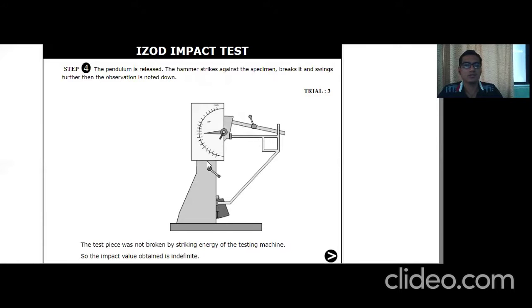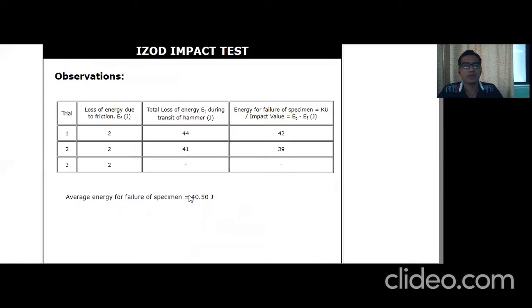Here in this third trial, we are not getting any value for the impact energy, loss of energy or total energy of failure, as the sample does not break. The loss of energy due to friction is 2. We are not getting the loss of energy due to the transit of hammer, and we are not getting the energy for the failure of the specimen. So we are not getting the impact value for the third trial.